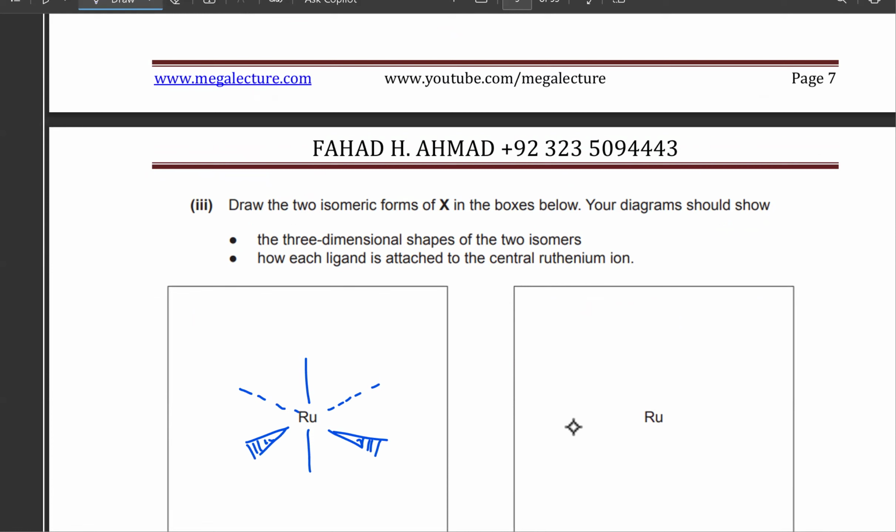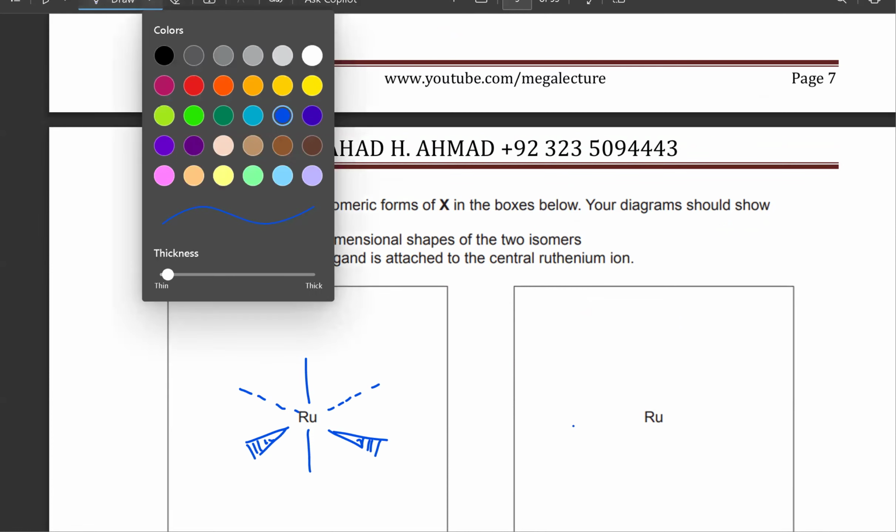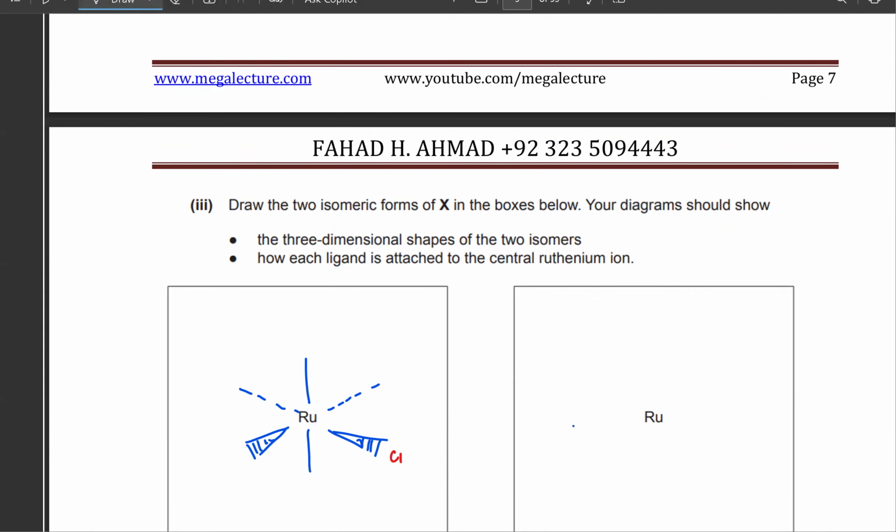So either the Cl and the SO2 are right next to each other, and the NH3s are on the other side. And the overall thing is plus one.